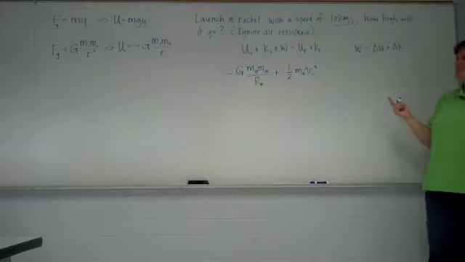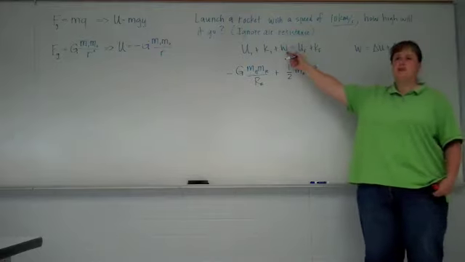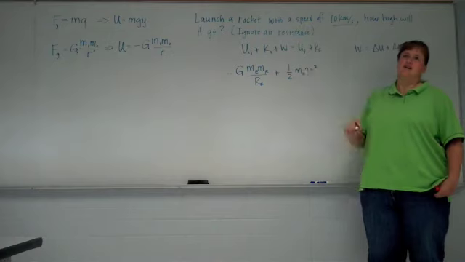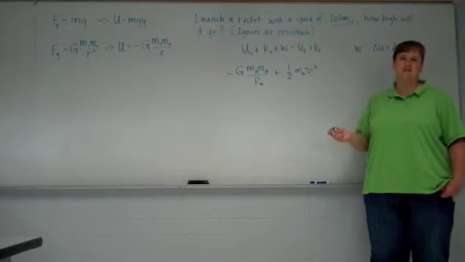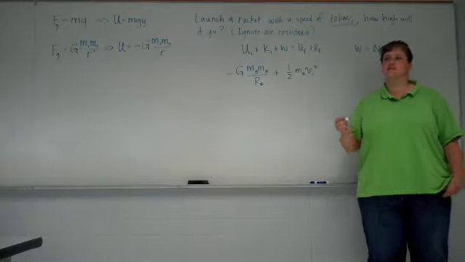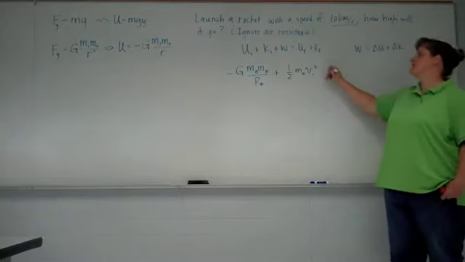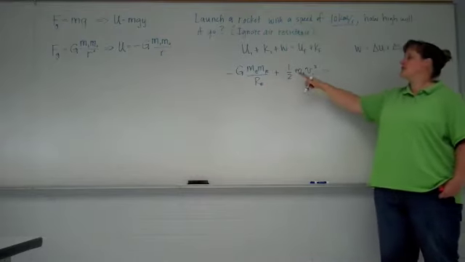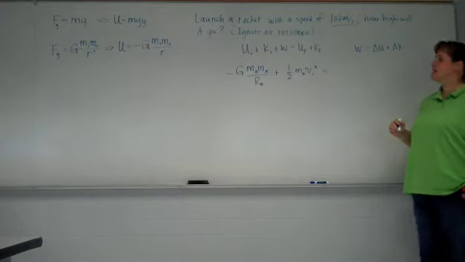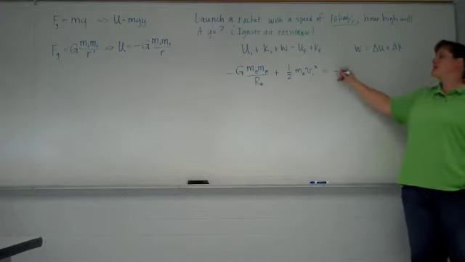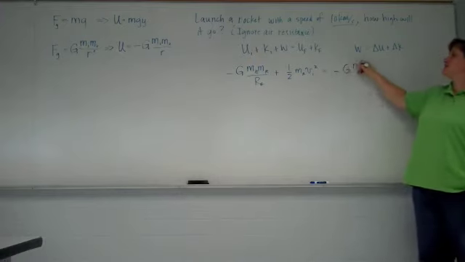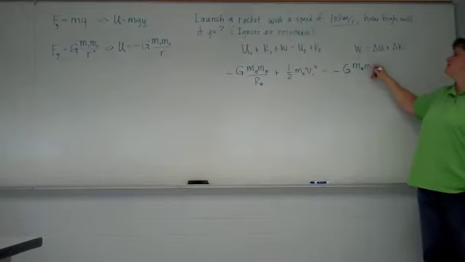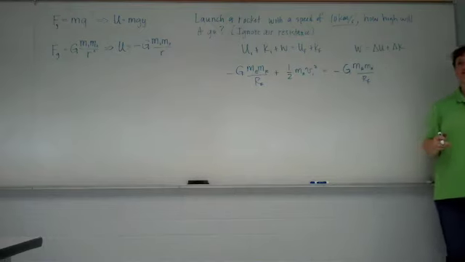We're ignoring air resistance, so we don't need to worry about this work term. If we wanted to include air resistance, we would need to know an average value of the force as it was applied through the atmosphere. So the initial potential energy plus the initial kinetic energy, finally there's still going to be potential energy as well. We're going to be at a new final location.